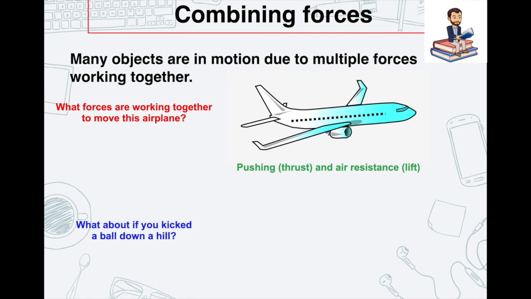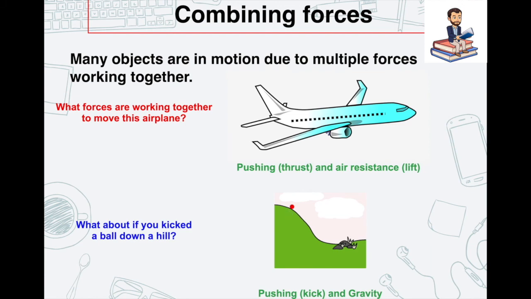What about if you kick the ball downhill? What forces are working together with that ball rolling down a hill? Think about it. Obviously there's a pushing force that created the motion, because I imagine someone stood at the top of the hill and kicked the ball down the hill.